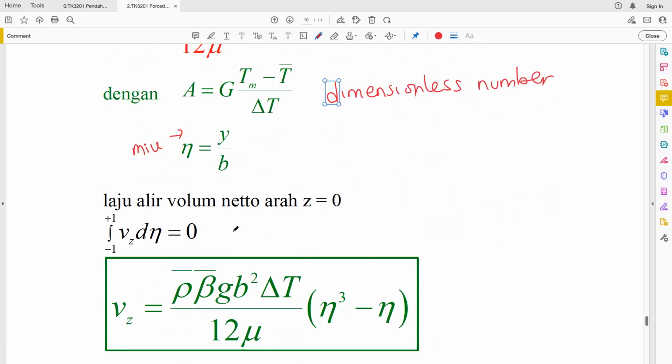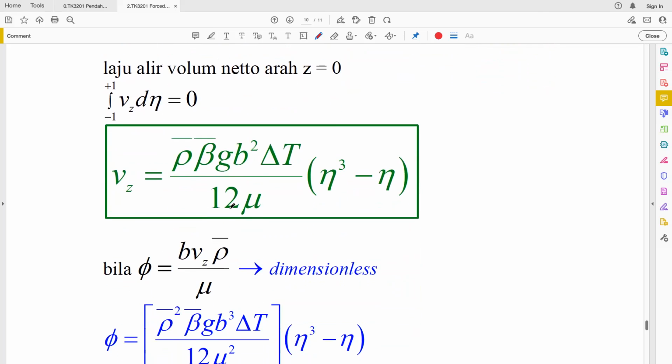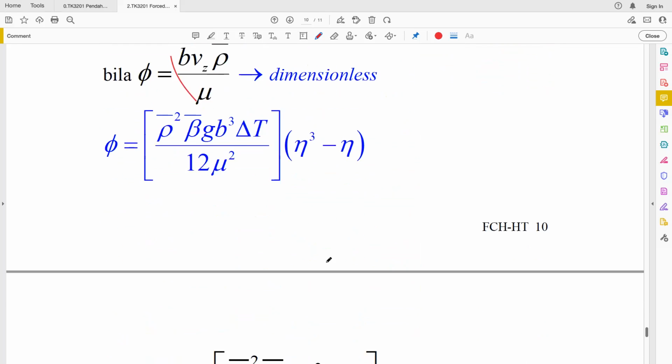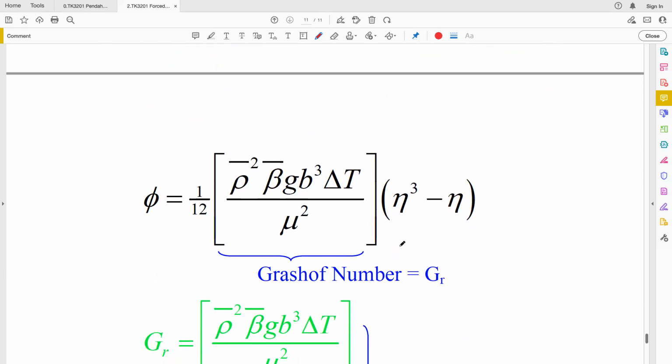And then after that we will find the phi. So the phi would be the velocity caused by those buoyancy forces. And if we consider this as a dimensionless number, then theta would be like this one. So at least, long story short, we find that there is a Grashof number.